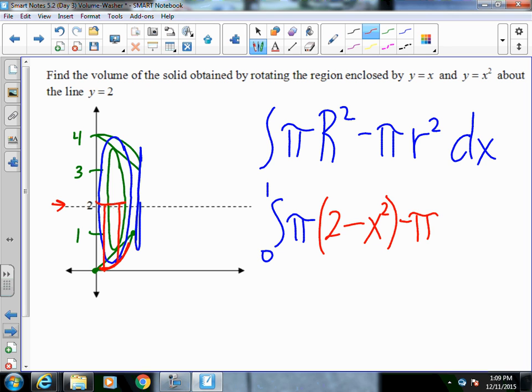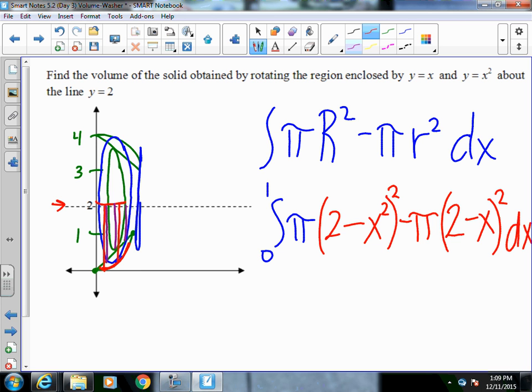Minus pi, and our little r, I'm going to grab another color, let's do some purple. Our little r is this distance, from the horizontal line of 2 to that y equals x line. So if we take the top minus the bottom, it's 2 minus x squared dx.